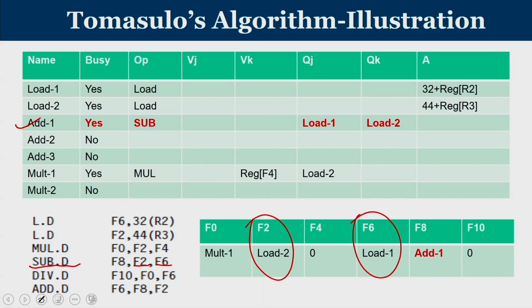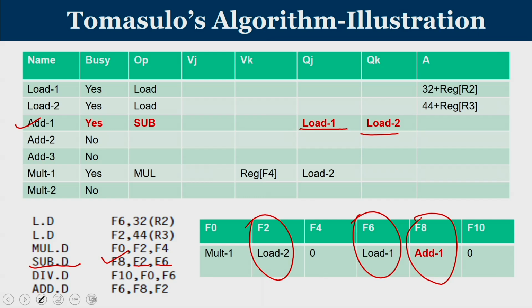So, this is a case wherein both operands are not available, so you have to wait. In that case, Qj will produce first and Qk will produce the second value. Now, after the subtraction instruction, the result will be returned to F8. That is why the F8 RSI value is given to adder number 1.